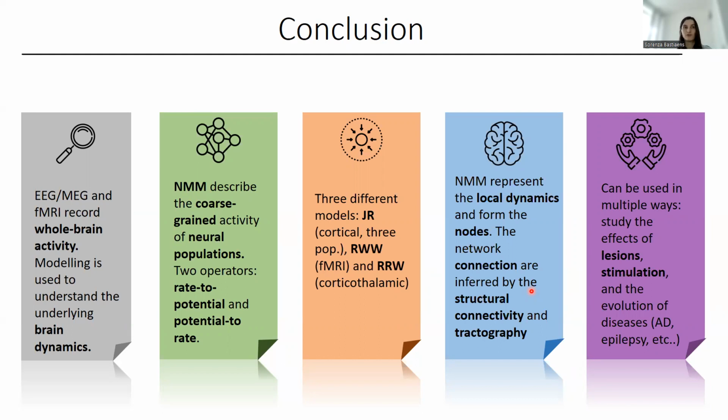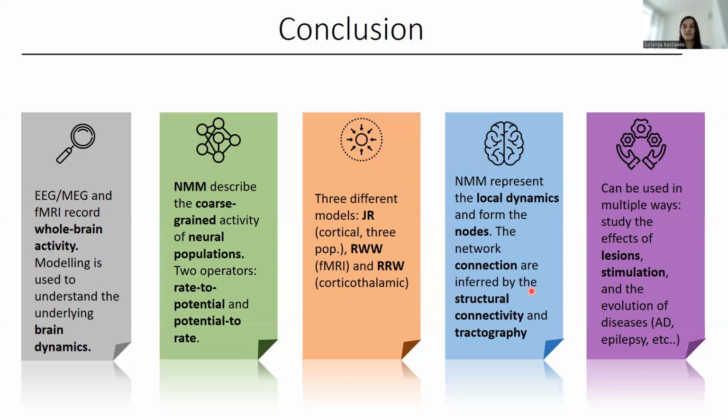We saw three different models: the Jansen-Rit, which is a cortical model. We then have the reduced Wong-Wang model that is used to replicate fMRI data. And then we have the Robinson-Rennie-Wright model, which is a cortical-thalamic model. So all these three models will be investigated in the hands-on session.